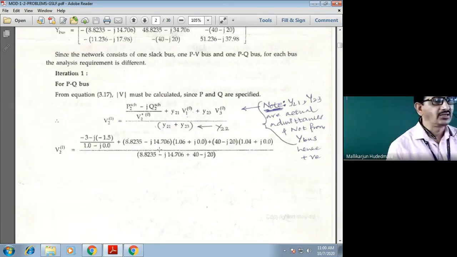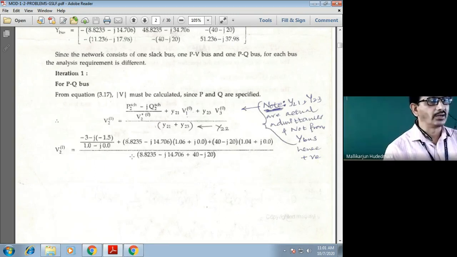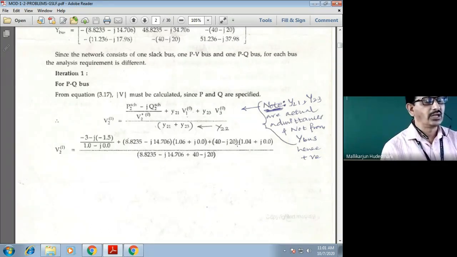So, this if I take, it will lead me to the solution of voltage of bus 2 at the end of iteration number 1. I was speaking to you all, it is not that easy. Complex products are here. Carefully you have to resolve. You have to confirm your mathematical accuracy at least once with the calculator.